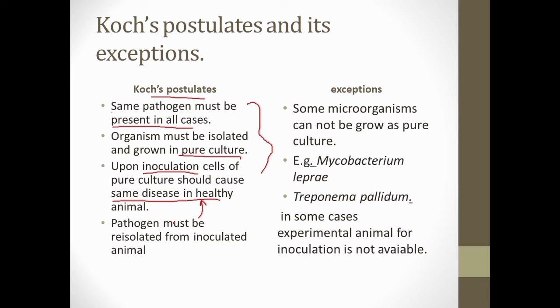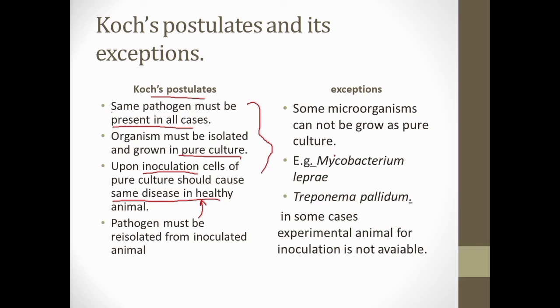If a particular organism is responsible for a particular disease, it should obey all these four postulates. But of course, there are certain cases which show some exceptions to Koch's postulates. For example, there are some microorganisms which cannot be grown as pure culture.